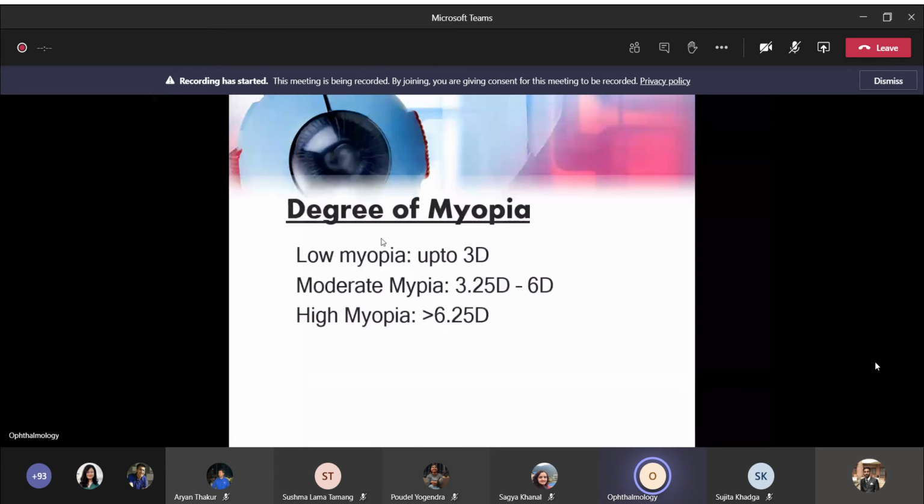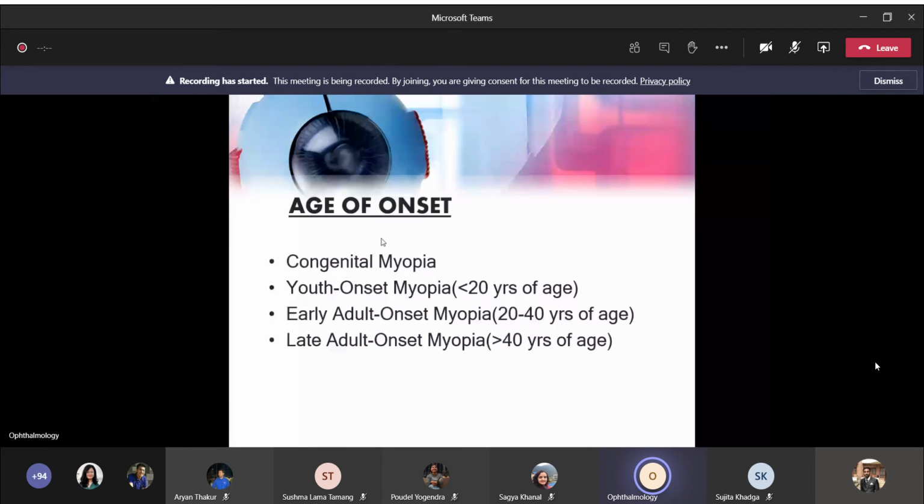On the basis of degree of myopia, there is low myopia: myopia up to 3 diopter is considered low myopia. Moderate myopia ranges from 3.25 diopter to 6 diopter. And high myopia, which is more than minus 6.25 diopter, is known as high myopia.